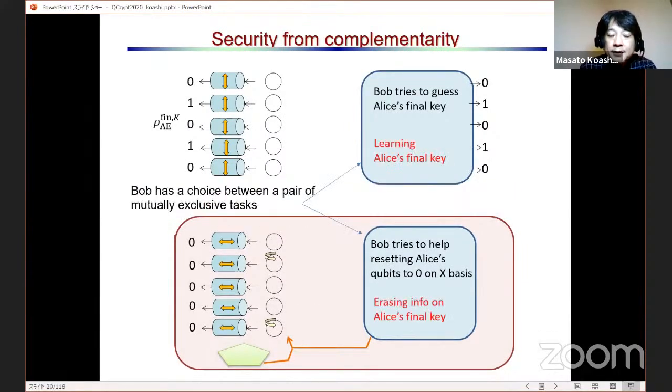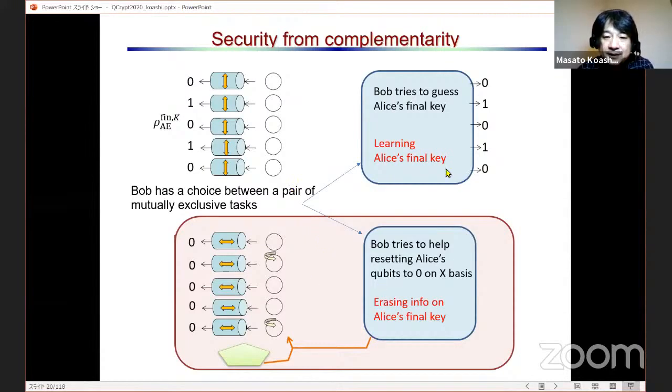Okay, so let me make some remarks about this. Here, Bob has two choices of tasks, but these two tasks are obviously mutually exclusive because here, Bob learns the identity of Alice's final key, but here, Bob actually erases any information about Alice's final key, not only in the Bob space, but also everywhere except Alice.